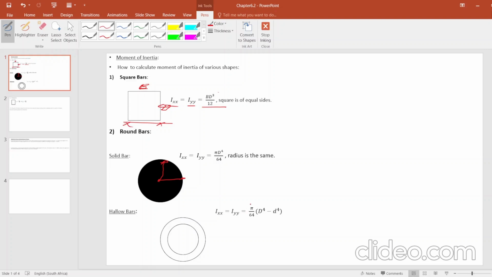Now it will be pi divided by 64, open bracket, the big D to the fourth minus the inner diameter to the fourth, then you get the value of your Ixx or your Iyy. Now on these three bars, your Ixx is the same. This bar doesn't have a weak side and a strong side. All sides are the same.